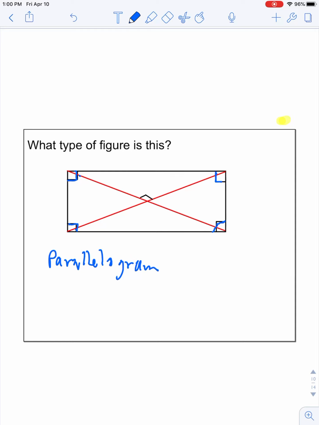Then am I given any information about whether it's a special parallelogram? Well, I have 4 right angles, so that means it's a rectangle.